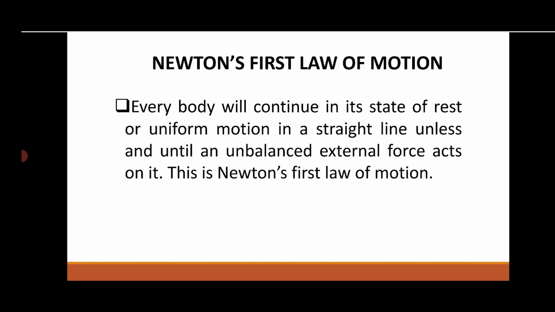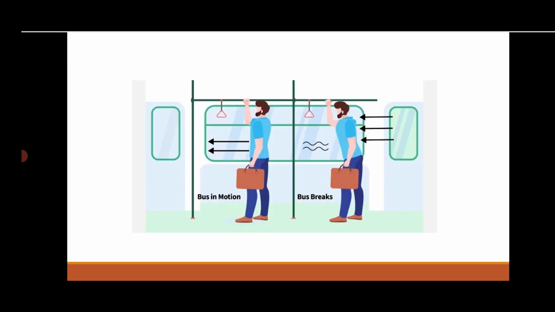Now we can analyze some simple examples of Newton's laws of motion. While we are traveling in a bus, the passengers standing in the moving bus tend to fall forward when the bus stops suddenly. Do you know why? When the bus is moving, both the passengers and the bus are in motion.